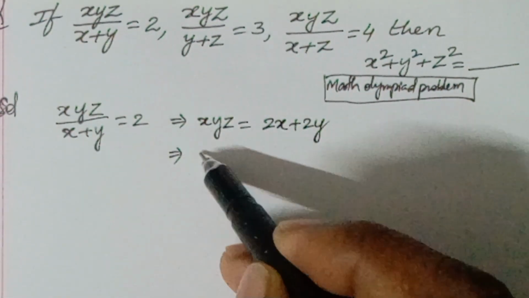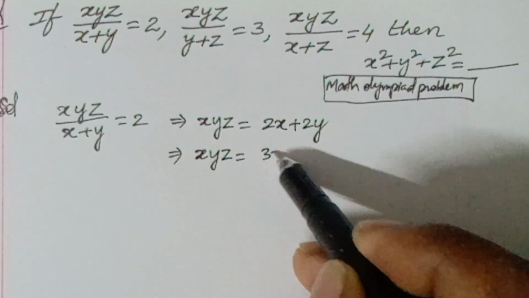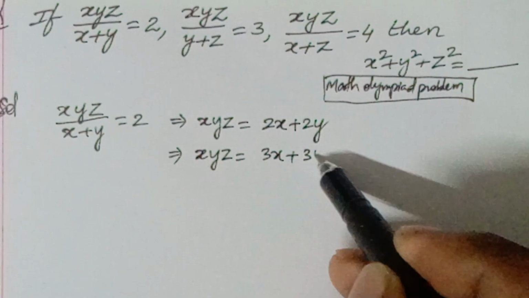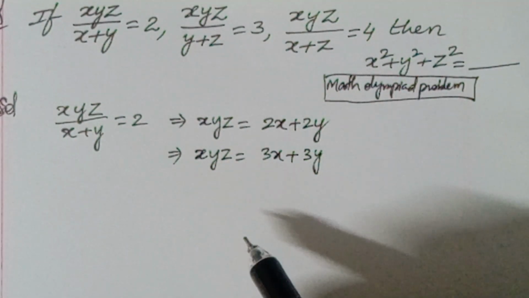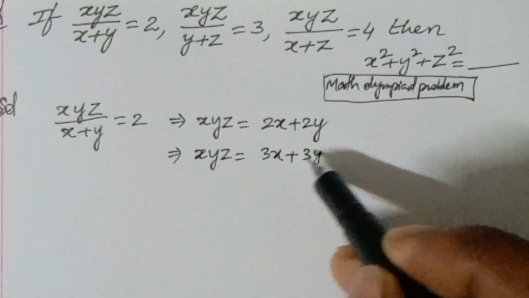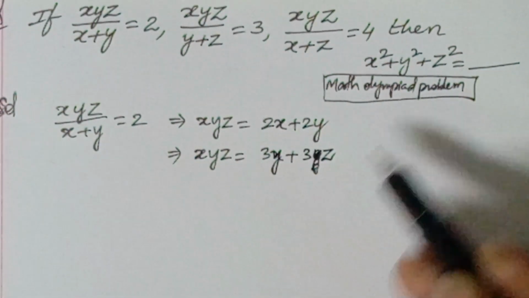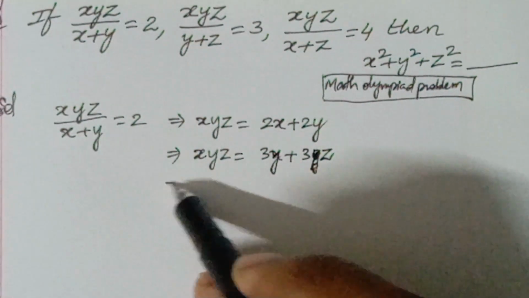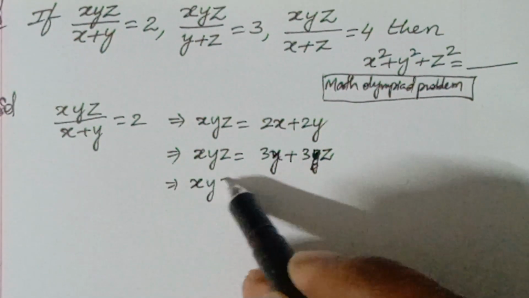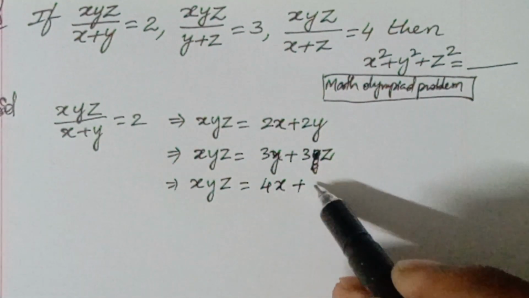Similarly, the second one you can write xyz is equal to 3y plus 3z, and the third one you can write as xyz is equal to 4x plus 4z.